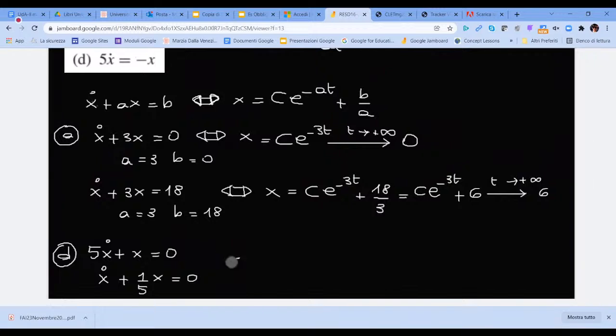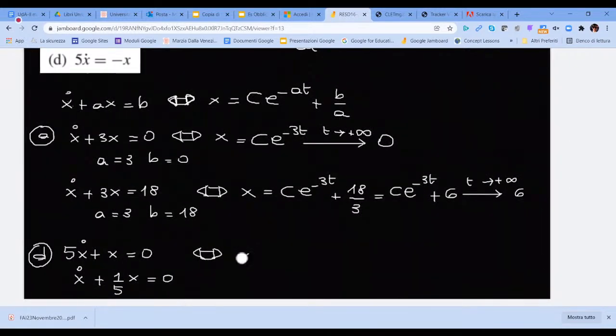And that means that you can write the solution as x equals c times e to the t over 5, because a is 1/5, b is 0.